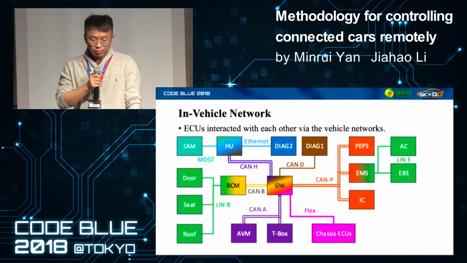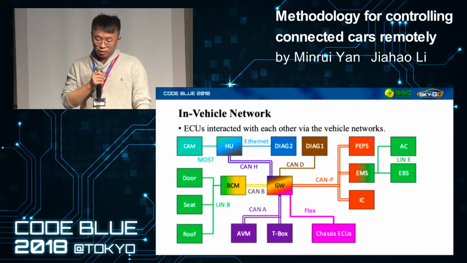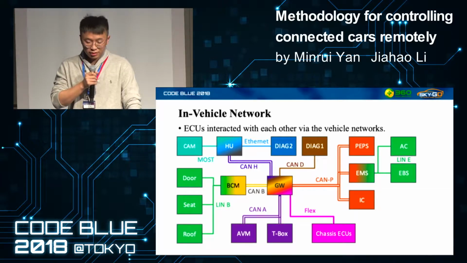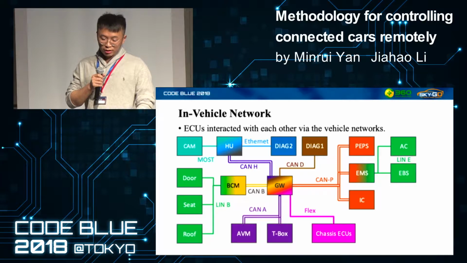This image is a map of an in-vehicle network. Each block represents an ECU. Different models of cars have different in-vehicle network maps. This image is just a simple map. The real in-vehicle network is more complicated than this one. There are some different buses in a vehicle, such as CAN bus, LIN, Ethernet, FlexRay, and MOST.